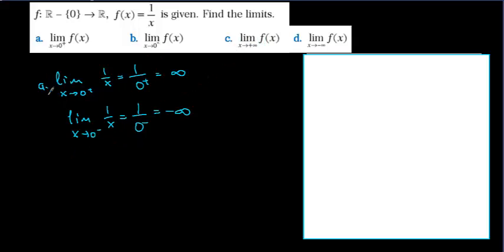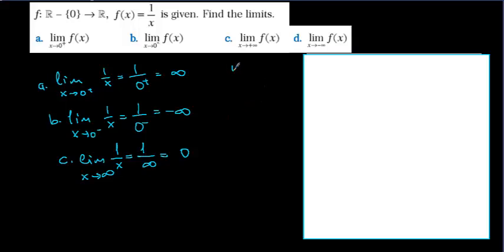This is A, this is B, and C: the limit as x tends to infinity. This time the case is 1 over infinity. To understand 1 over infinity, for 1 over x, I'm looking for 1 over infinity, and it must be equal to 0. Why is it 0?